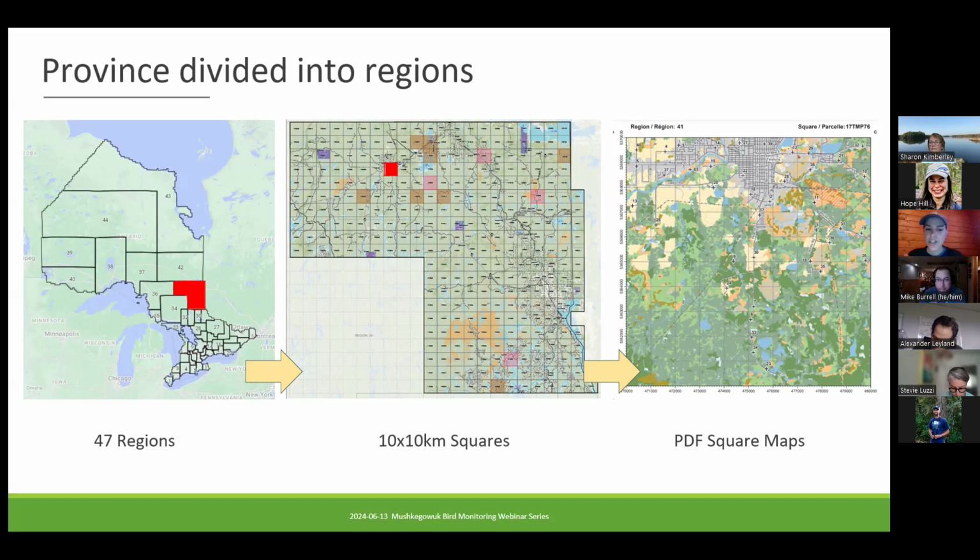And so each region is divided up into 10 by 10 kilometer squares. And that's kind of how we try to focus our data collection efforts and our goals, which Mike will talk about next. And so the farthest right map is just one of those 10 by 10 kilometer square maps. Next slide, please.